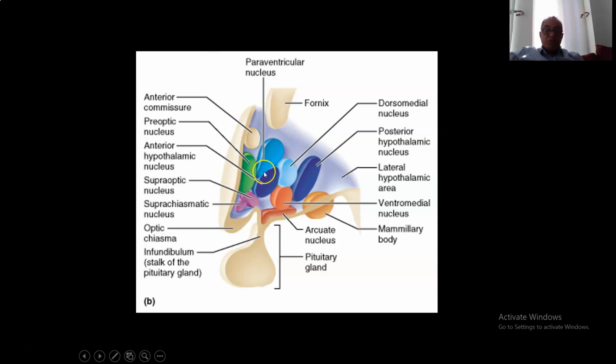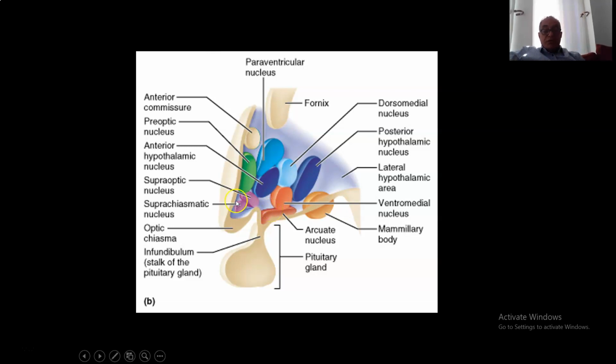So these are involved in secreting two hormones that are secreted and stored in the posterior pituitary gland, the vasopressin or antidiuretic hormone and the oxytocin. These are two very important nuclei having common function with the arcuate nucleus. So from here we know the function of three nuclei: the paraventricular, the supraoptic, and the arcuate nuclei.